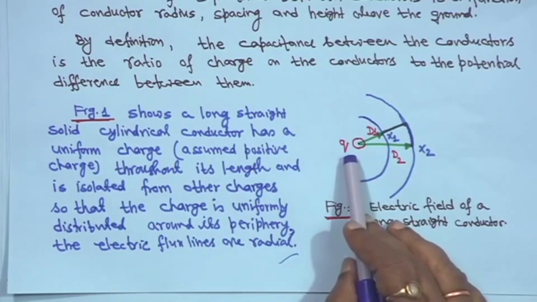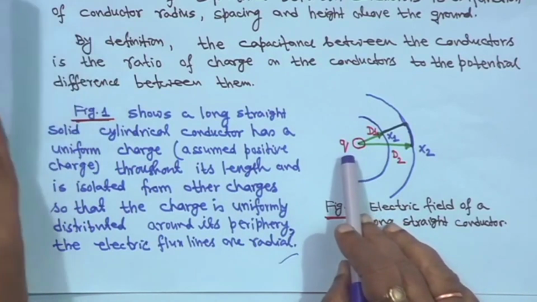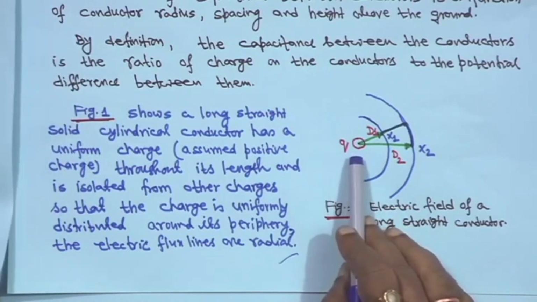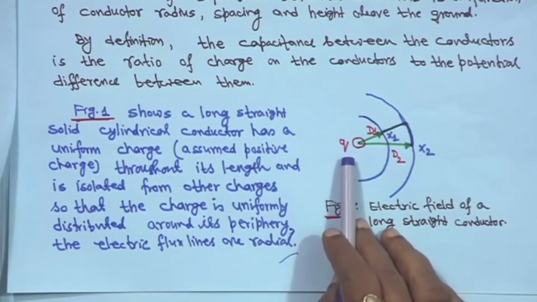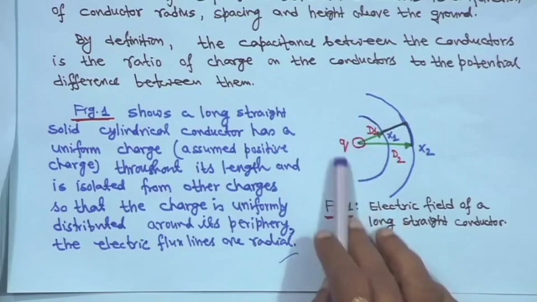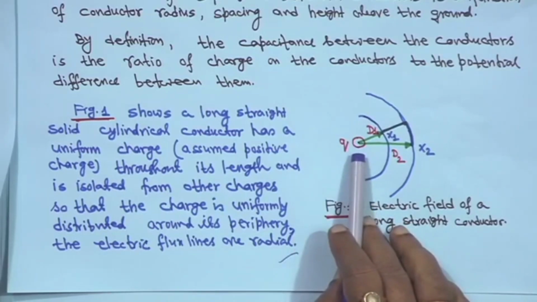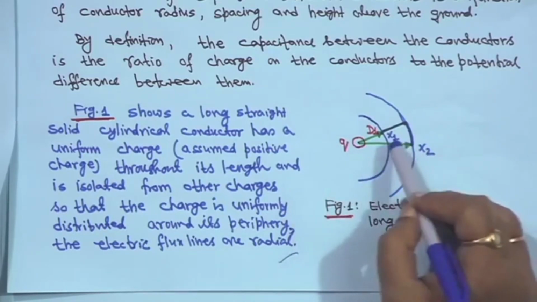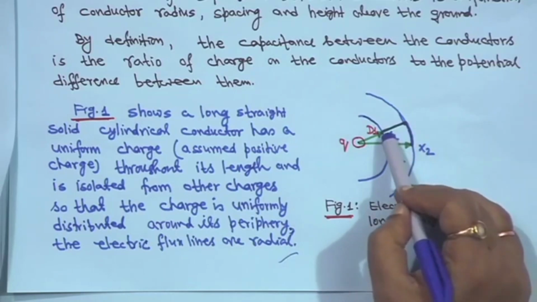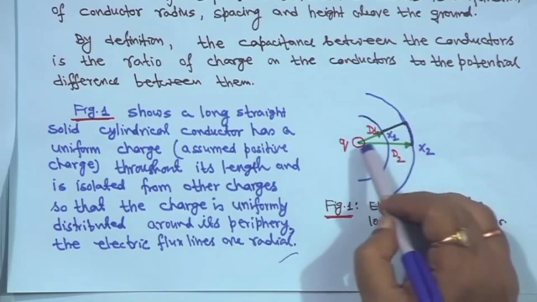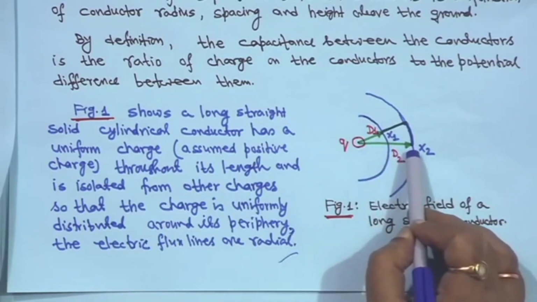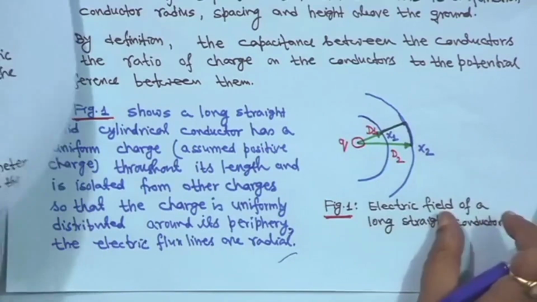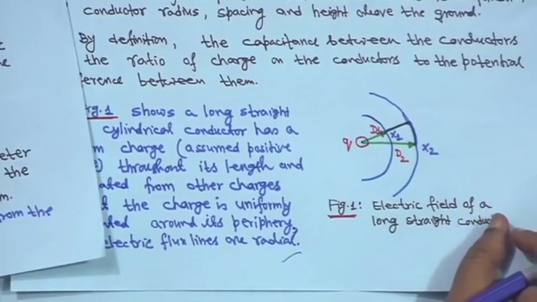We assume this is the conductor carrying current, and it has a positive charge q, uniformly distributed around its periphery. In this diagram there are 2 points, x1 and x2, at distances d1 and d2.